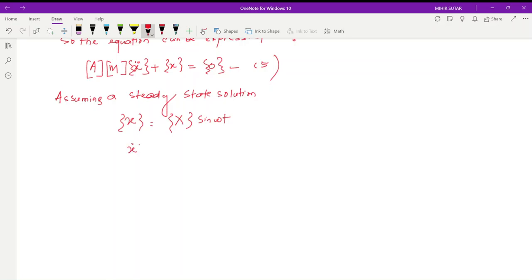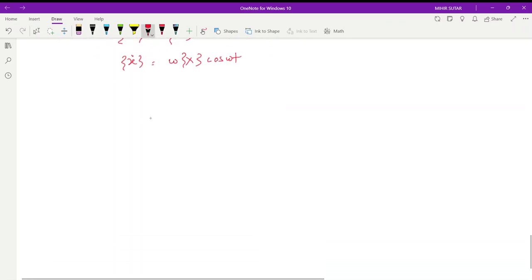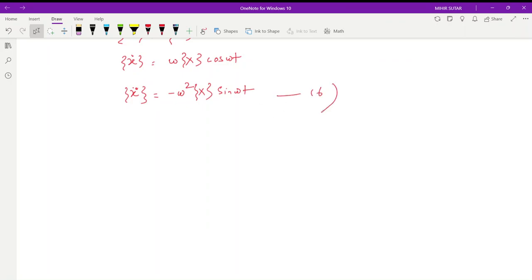So x dot will be omega into X into cos omega t. X double dot will be minus omega square X sin omega t. Let's say this is equation 6.